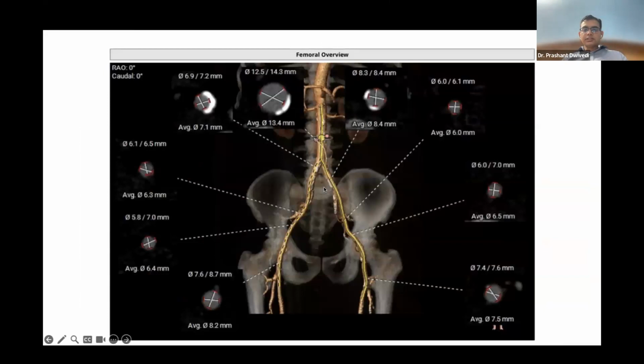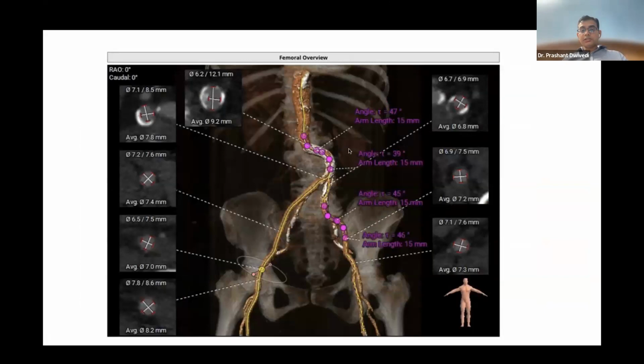This is another case example where we can see straightforward vessels, bifurcation well below the femoral head, no significant calcium, and adequate luminal diameter. This is another example where we can see an acute bend at the distal aortic bifurcation, and this is calcified also. So this may increase the difficulty in negotiating the valve. So here we might require a stiffer wire to advance the valve.